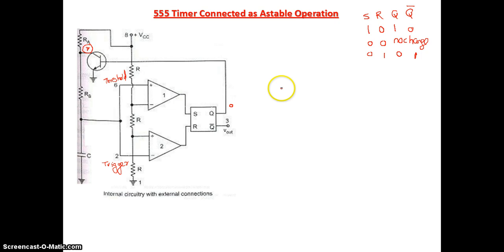I'll draw the output waveform at the same time so you get an idea. So this is your output V out. If Q is 0, V out will be equal to 1. Now see here, this is an NPN transistor, and I am marking this transistor as T1.